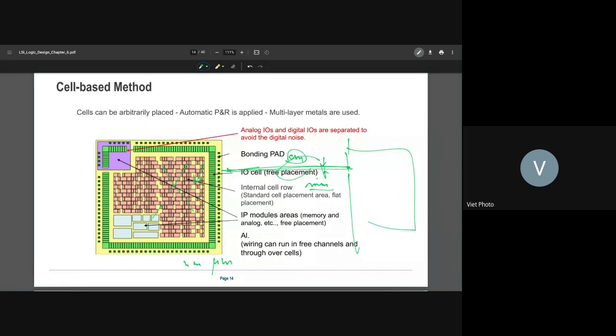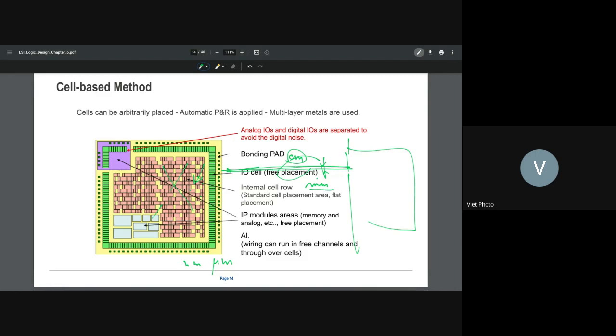All right. So they said that wiring can run in free channel and through over cells. You take it as the wiring can run all over the cells, and it can go into the cells in the empty space if it is allowed.